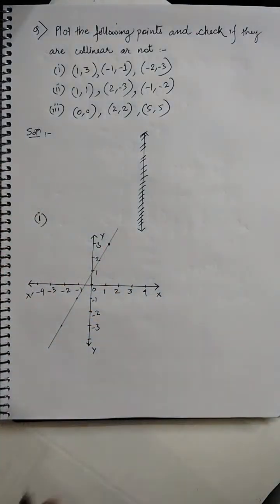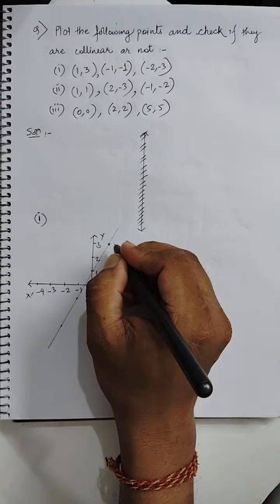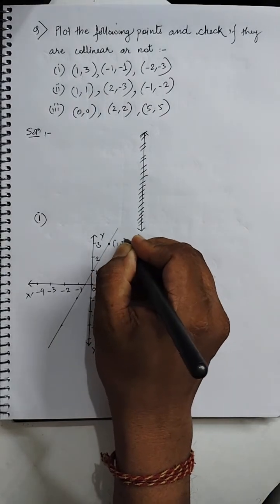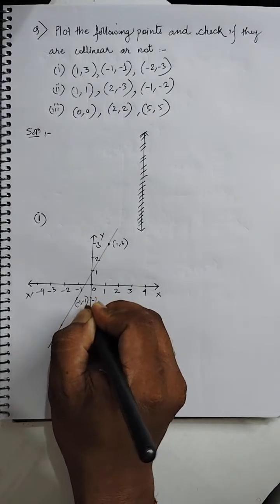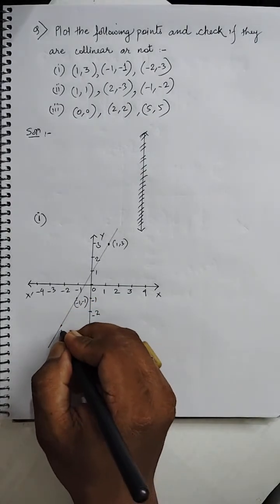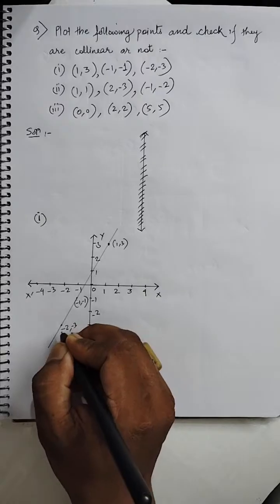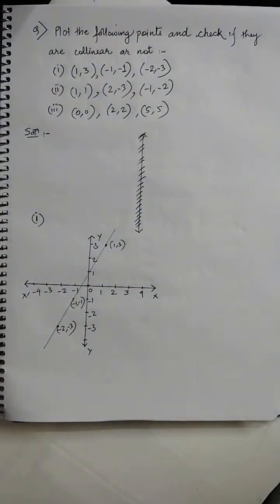So this is 1 and 3. This is -1 and -1, and this is -2 and -3.